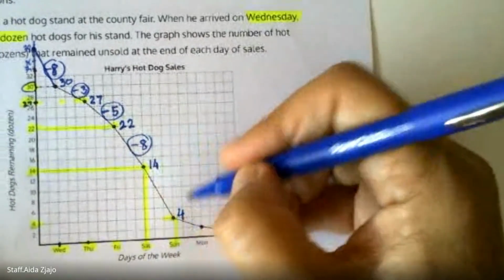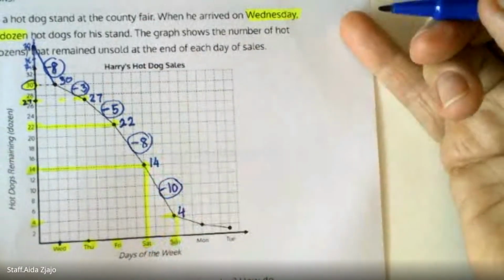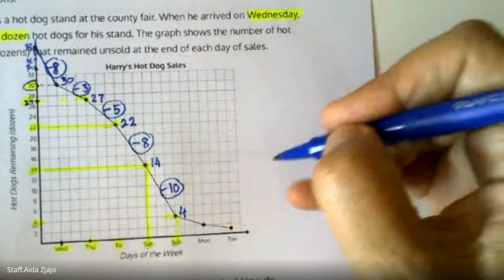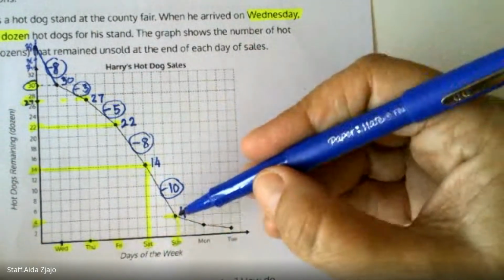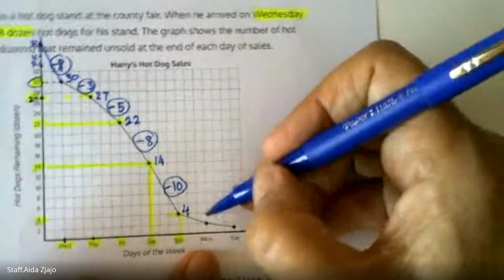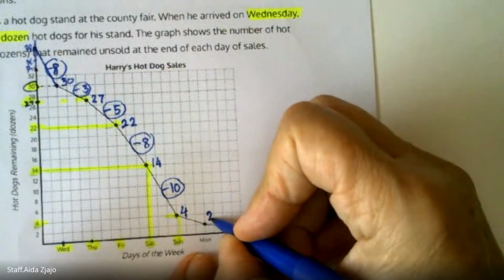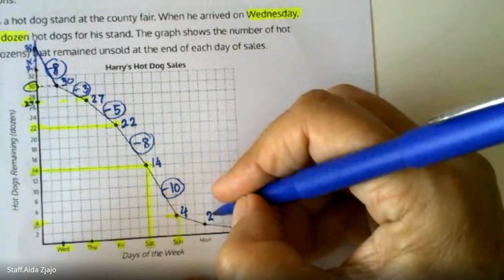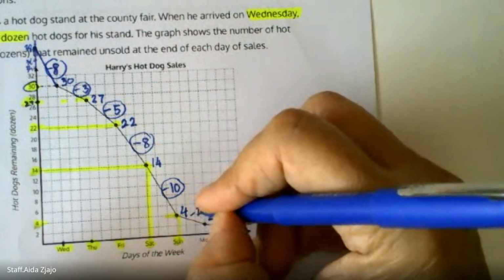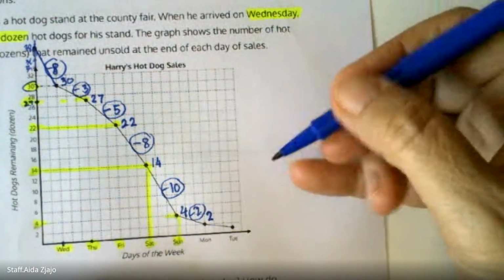So from 14 to 4, he must have sold 10 dozens of hot dogs. Then from 4 to Monday, he only had 2 left, so that means he sold 2 dozens of hot dogs.